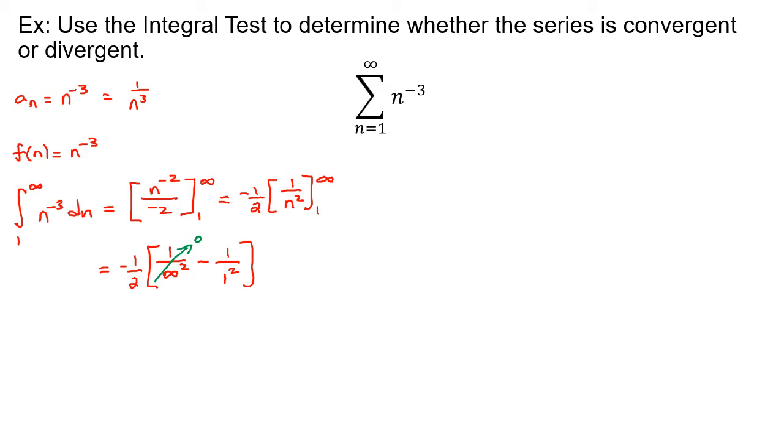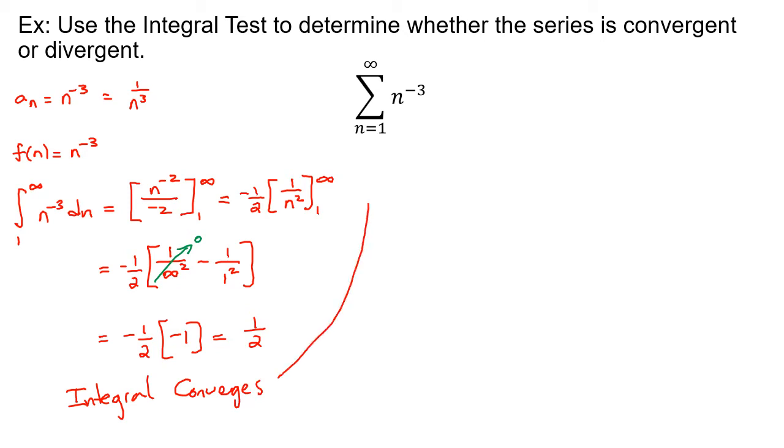All I'm left with is negative 1/2 times negative 1, which is positive 1/2. All the positive 1/2 tells you is that you got a number and that the integral converges. And since the integral converges, I know this series must converge as well.